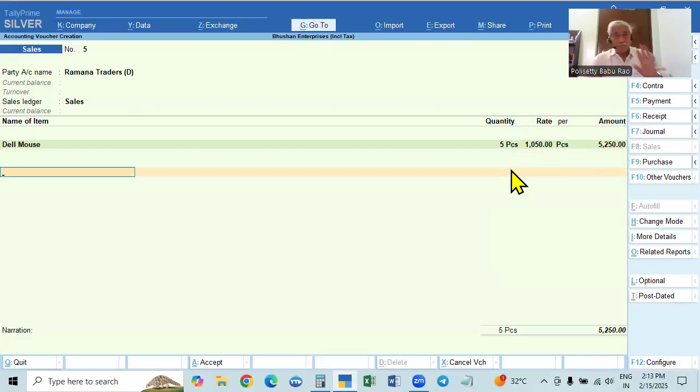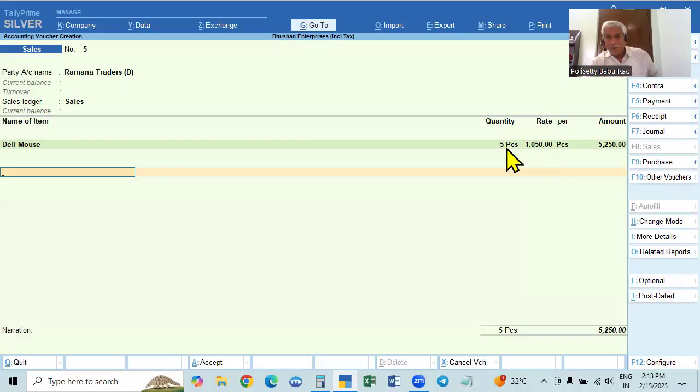If you give the rate inclusive of tax, for example 1100 rupees, in that column, then the next one will be the normal rate. That rate inclusive of tax will be calculated, the amount will be divided, and the taxable value will be given in the rate column.